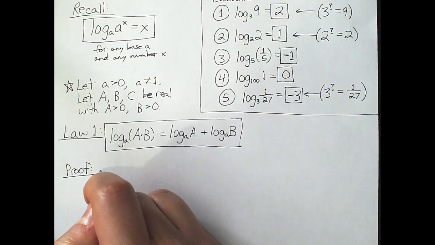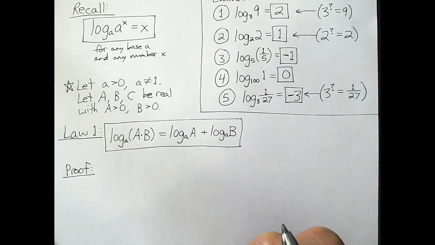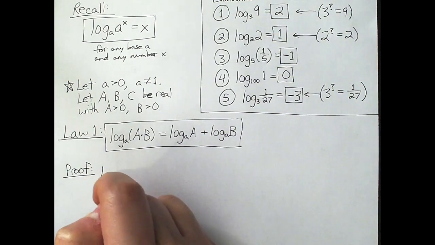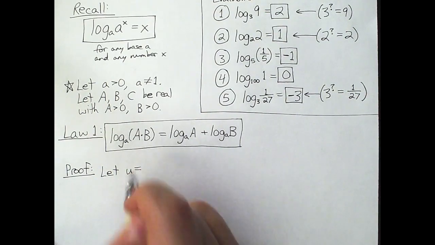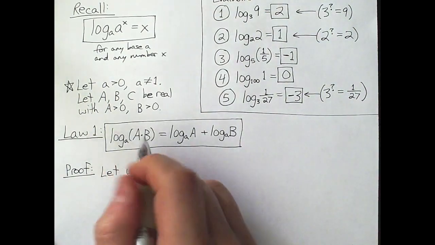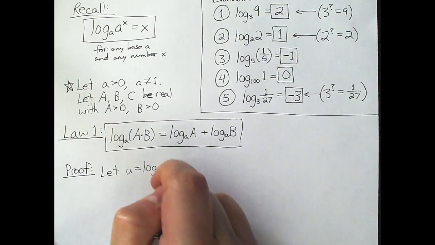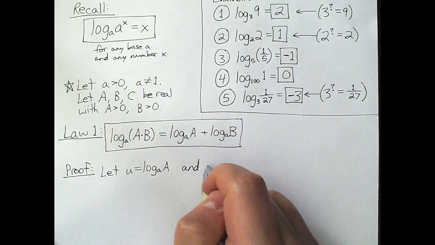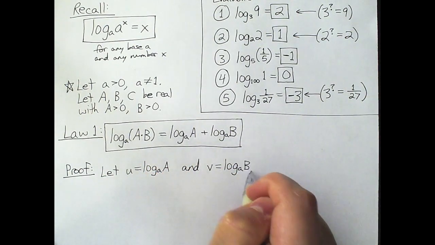Okay, a lot of proofs in math come down to interesting little tricks that people have discovered, and this proof uses a little trick of introducing some extra letters. We're going to introduce a lowercase u and let it be this part of the problem. And we're going to introduce a lowercase v and let it be this part.